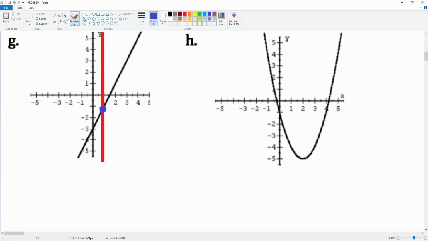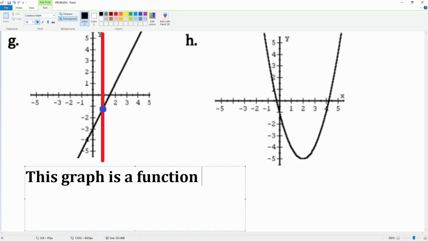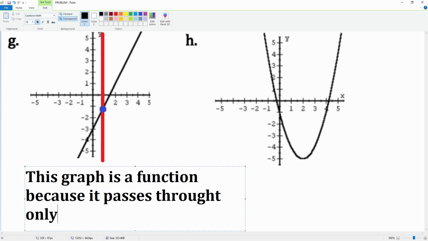So here we can say that this graph is a function because it passes through only one point. It is a function because it passes the vertical line test.